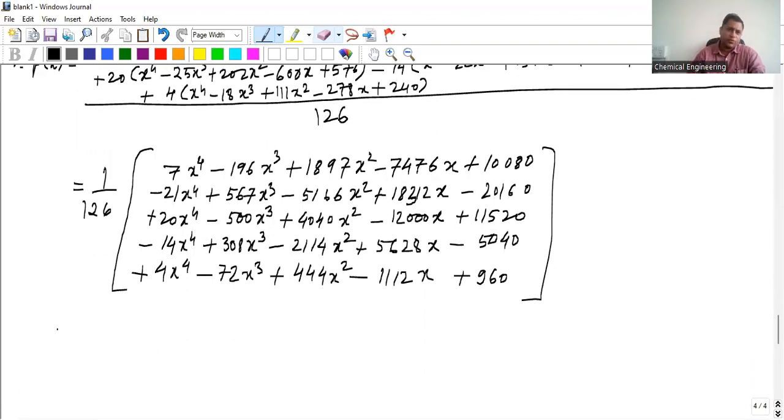Now we have all the corresponding powers, and hence we can write P of x is equal to 1 by 126. So how much x raised to 4 do we have?